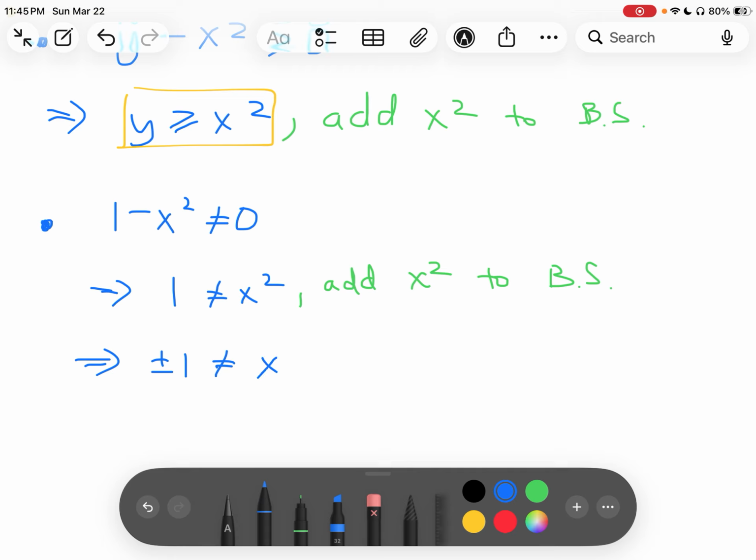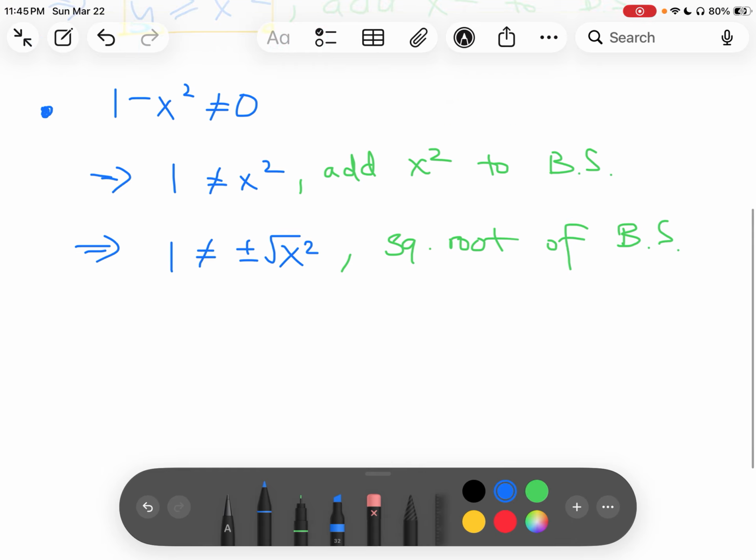We could also write 1 is not equal to plus or minus the root of x squared, so here we have the square root of both sides. And then I'm going to simplify. So I have 1 is not equal to plus or minus x.